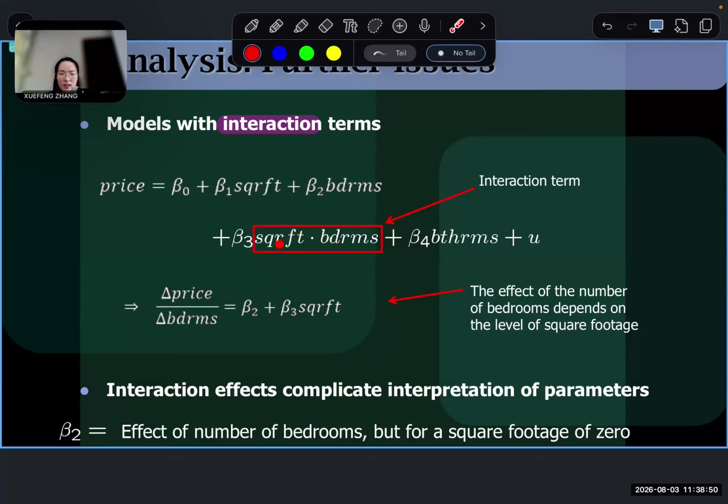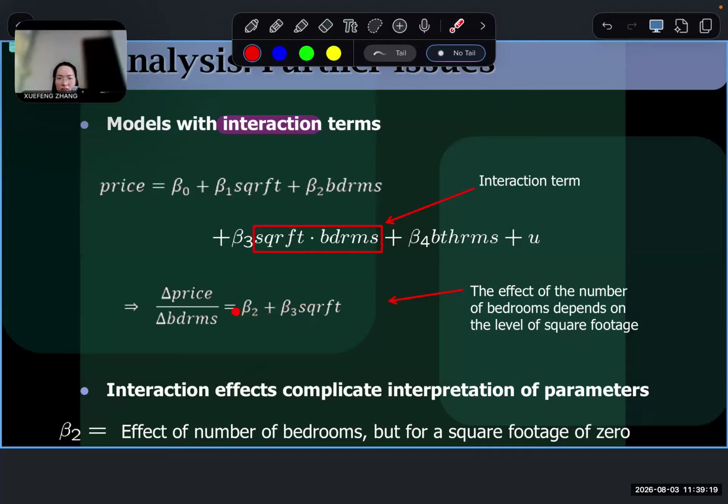This term means that the effect of bedrooms depends on the size of the house. Does it make sense? The effect of the bedroom depends on the size of the house, right? And then we take the derivative, delta price over delta bedrooms, and you'll get beta 2 plus beta 3 times square feet, right?